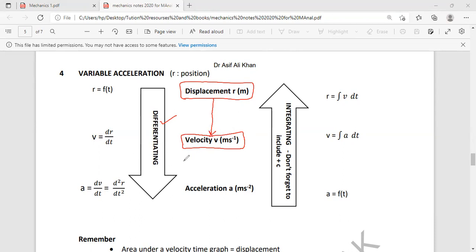And when you differentiate velocity, then you will find acceleration. This is the rule. Displacement differentiated becomes velocity, velocity differentiated becomes acceleration.